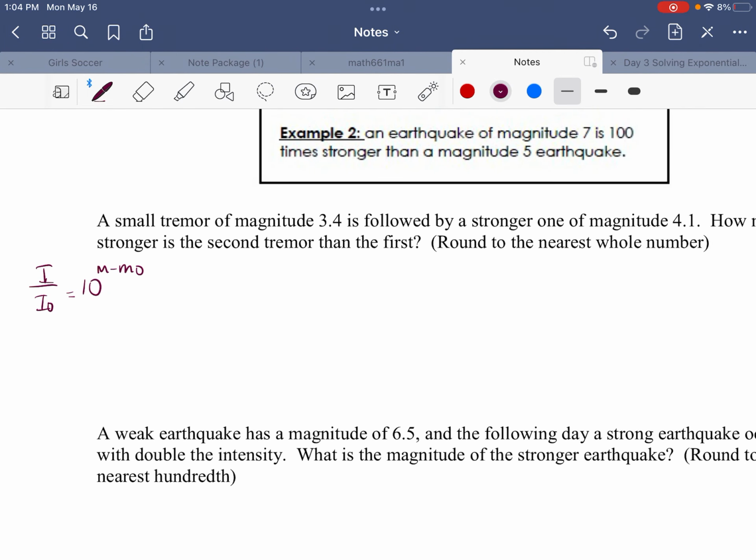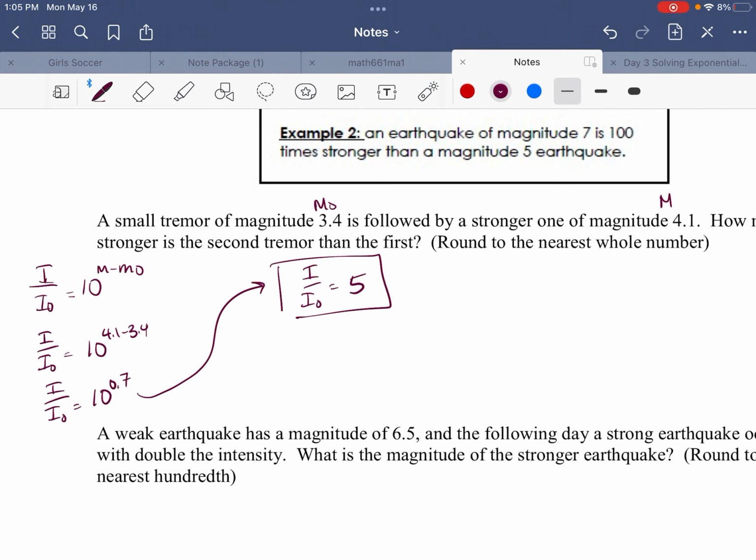So we have the weaker magnitude, which is the M0, and we have the stronger magnitude, which is the M. So we can create this equation where I over I0 is equal to 10 to the exponent 4.1 minus 3.4. So I over I0 is equal to 10 to the 0.7. And if you calculate that, you actually get 5.01. But to the nearest whole number is going to be 5.